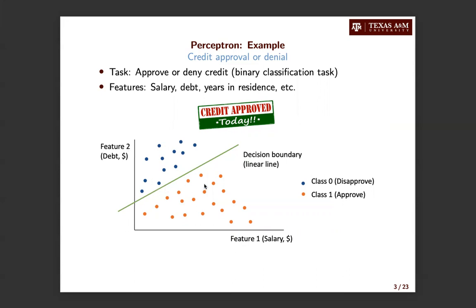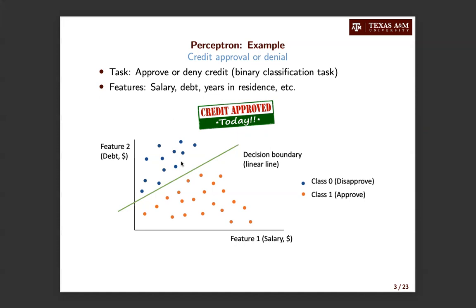These blue and orange samples represent people that got denied or got approved credit respectively. Our goal, as far as the linear perceptron is concerned, is to draw a decision boundary that is represented by this linear line. And that decision boundary segments the space into positive samples and negative samples.